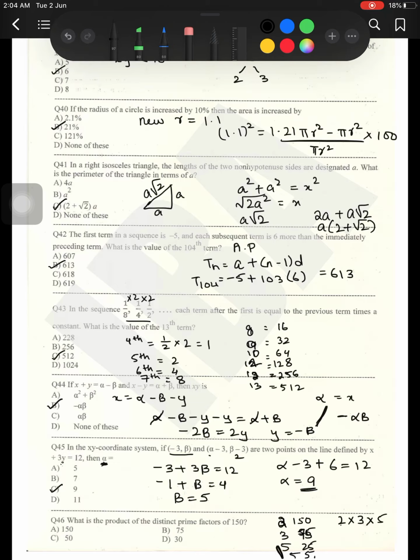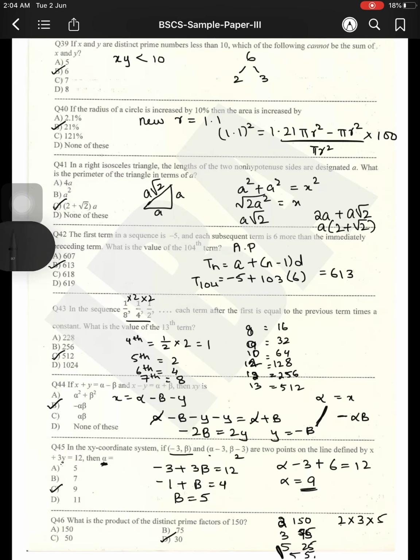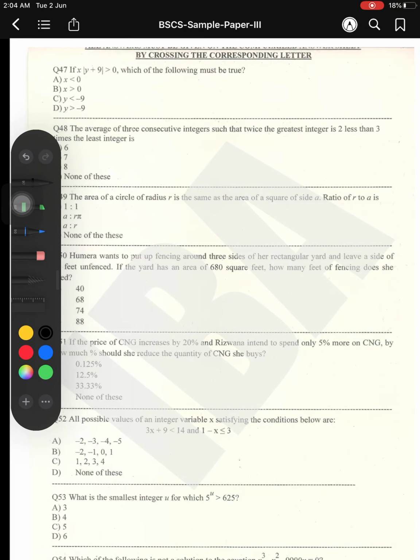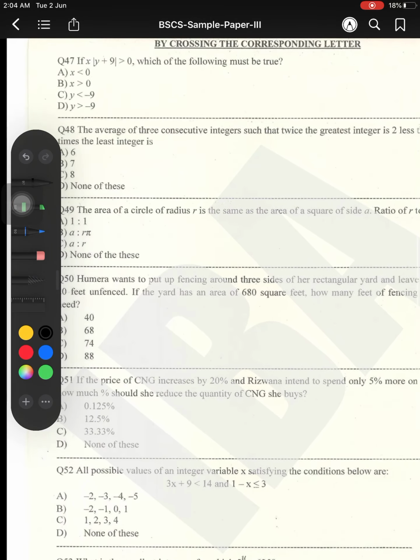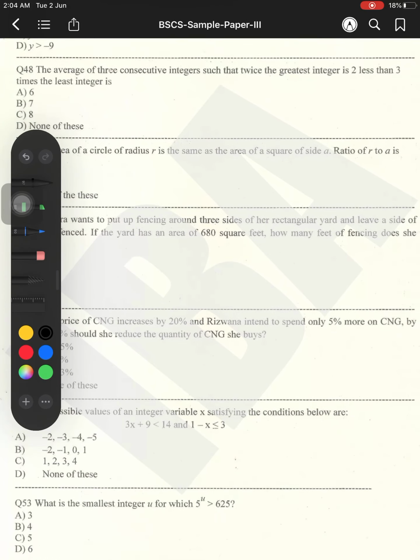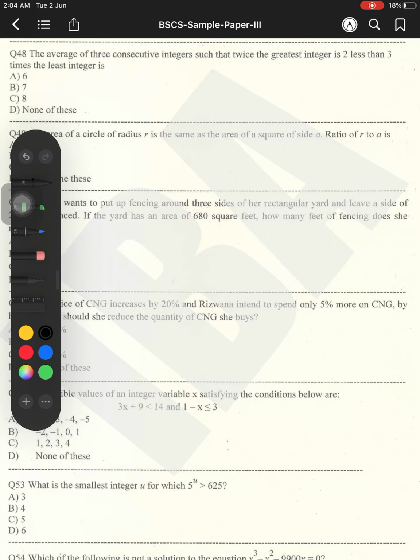So 2 multiplied by 3 multiplied by 5, because it's a pair now. So 2 3s are 6. 6 times 5 is 30. That's D. In this next question, we clearly know that x is supposed to be greater than 0. So it's going to be B.